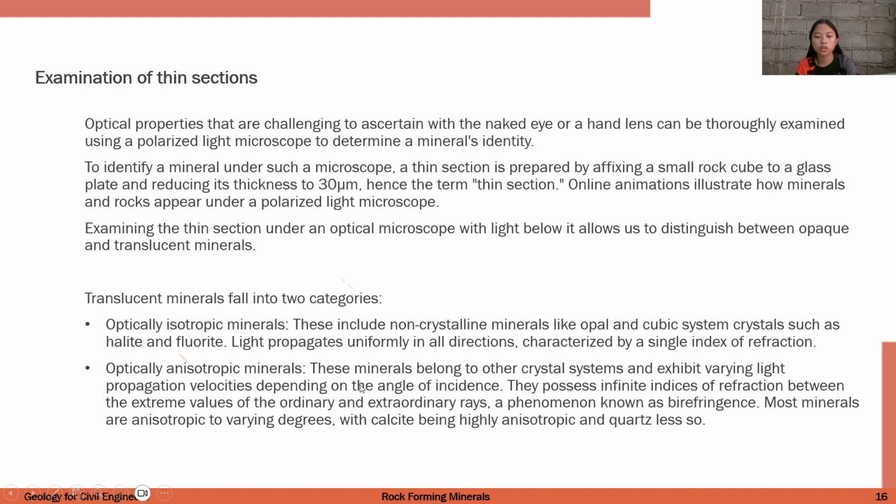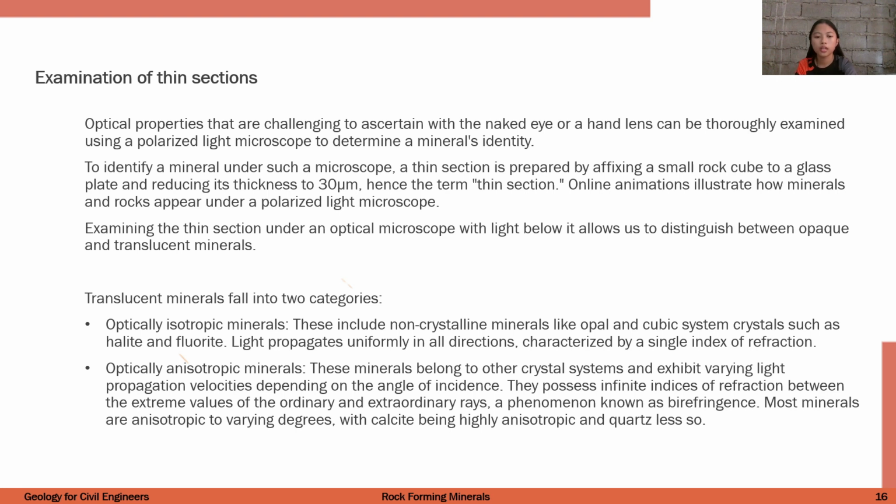These minerals belong to other crystal systems and exhibit varying light propagation velocities depending on the angle of incidence. They possess infinite indices of refraction between the extreme values of the ordinary and extraordinary rays, a phenomenon known as birefringence. Most minerals are anisotropic to varying degrees, with calcite being highly anisotropic and quartz less so.